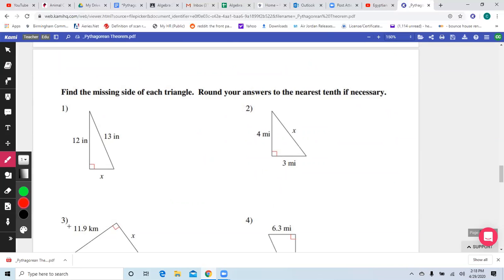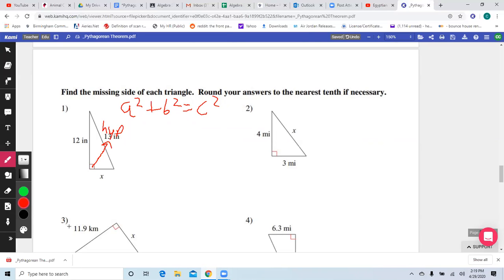So I know it's a right triangle and you're missing a side, and they give you two of the other sides. So I'm going to use the Pythagorean theorem here. Remember that this is your 90-degree angle, so the side across from it, that's your hypotenuse. And so it doesn't really matter if the x is A or the x is B, if 12 is A, 12 is B. As long as 13 is C, you'll get this question right.